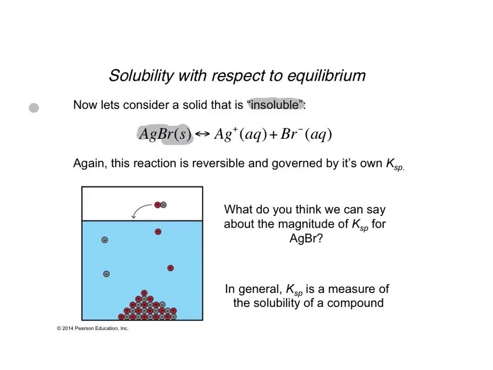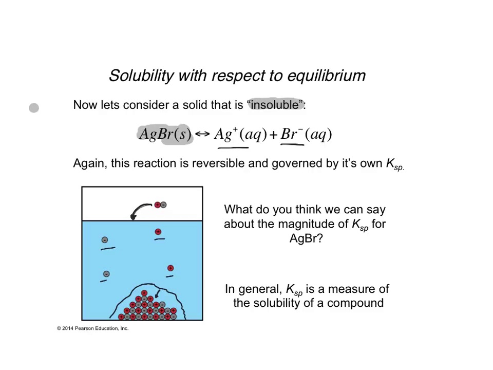So if you were to take silver bromide and put it in solution, you would get the majority of it not dissolving. It would just be sitting at the bottom of your beaker as a solid. But one or two out of, let's say, every billion of these ions actually will undergo this reaction, right? Because again, we reach saturation, we've come to equilibrium, and so there's going to be very few of these, while the majority remains in the solid, but some of them will still be there, okay?